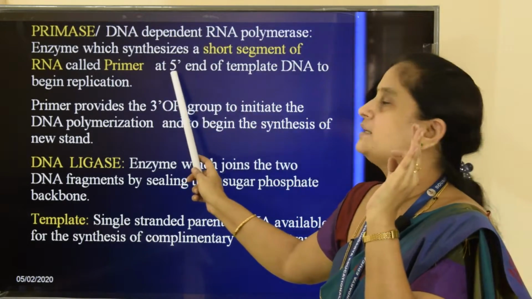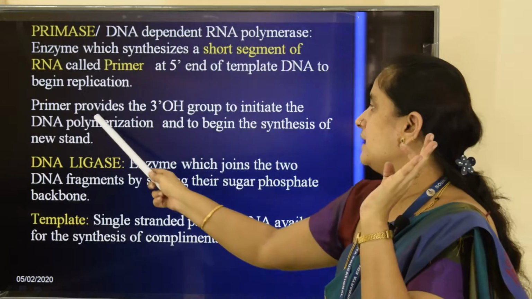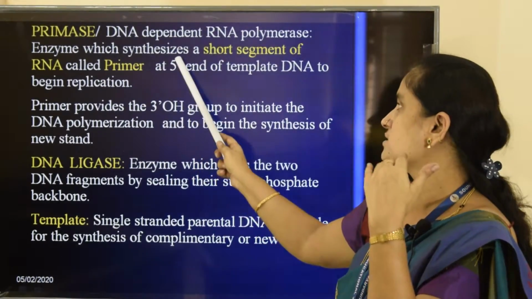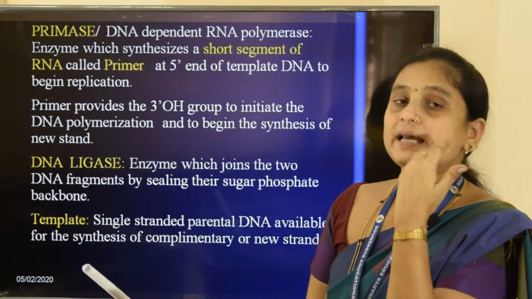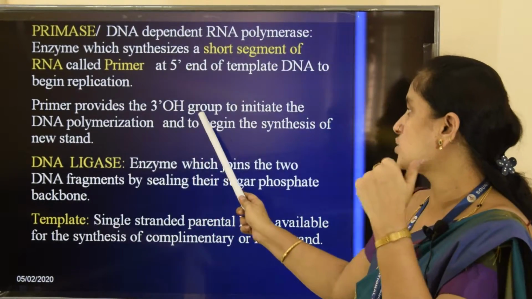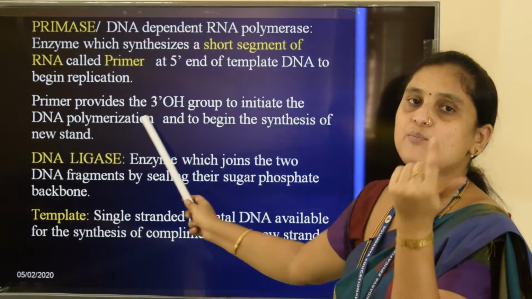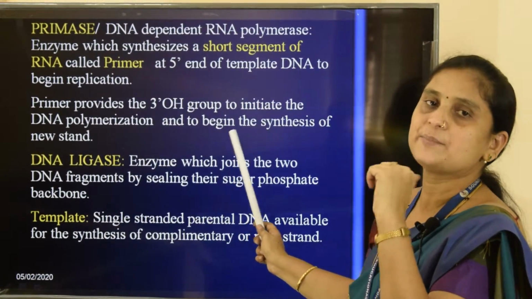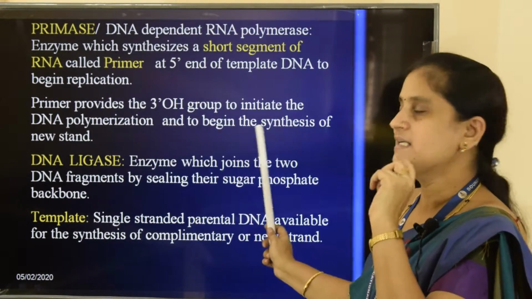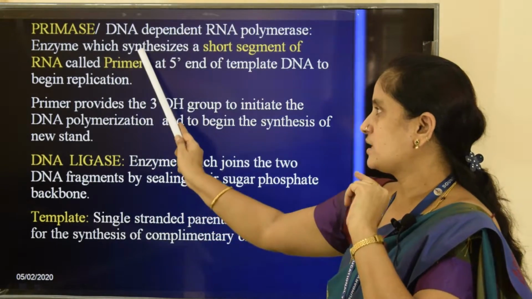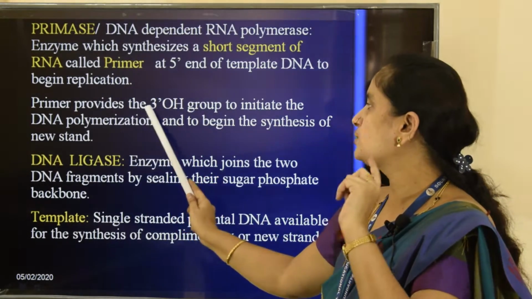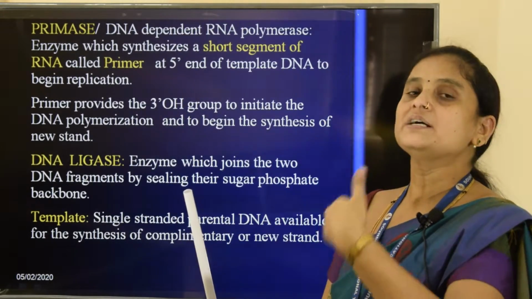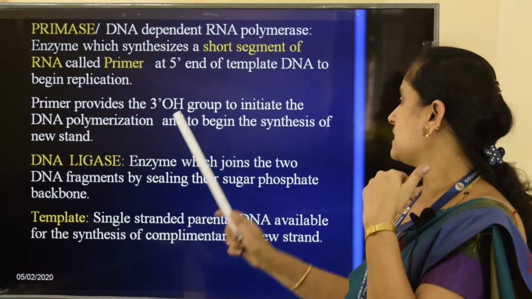After the addition of the primer, this short segment of RNA provides the 3' hydroxyl group to initiate the DNA polymerization by the enzyme DNA polymerase 3 in the 5' to 3' direction. So the role of the primer is to provide the 3' hydroxyl group for the initiation of DNA replication by DNA polymerase.